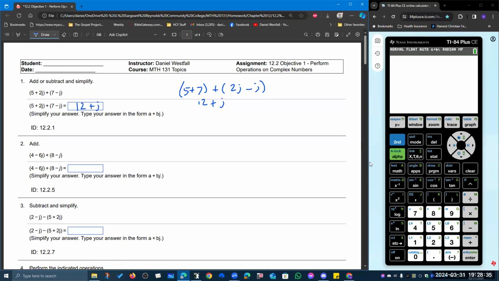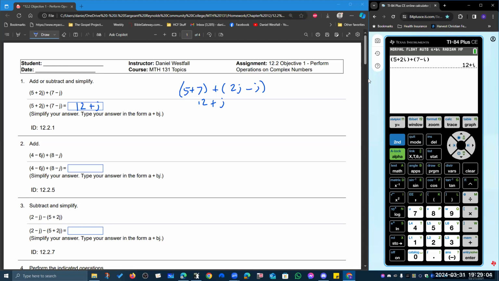Let's show you that with the calculator: 5 plus 2, and then my I is down here as second, and then my decimal point, close that up, and then say plus, and then 7 minus, and then I is there. It's going to come back and tell me that the answer is 12 plus I, and you substitute j for I.